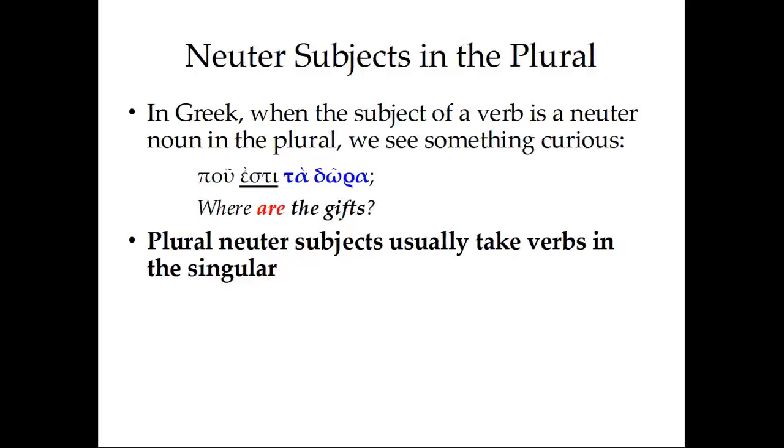So ta tekna, the children, would actually get a verb in the singular. In English it would sound something like the children is, or my children is. Obviously we can't translate it that way. But this is an important principle. We're going to see it quite a bit beginning in this lesson.